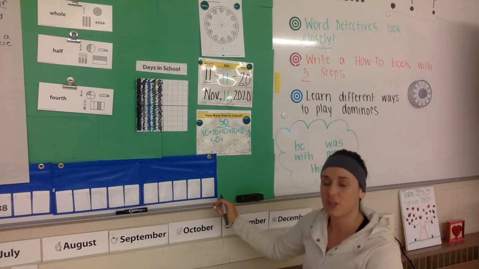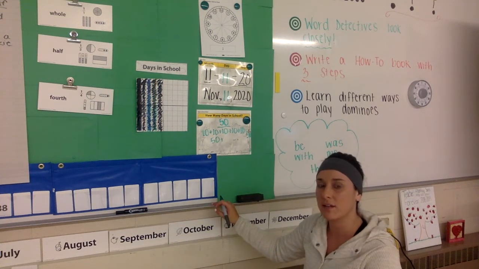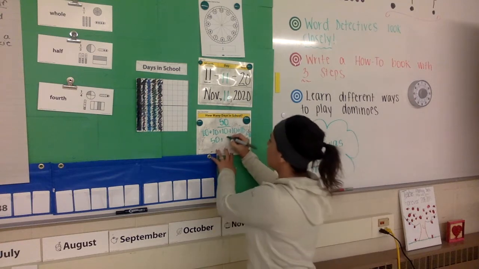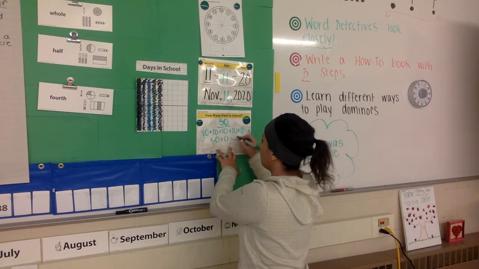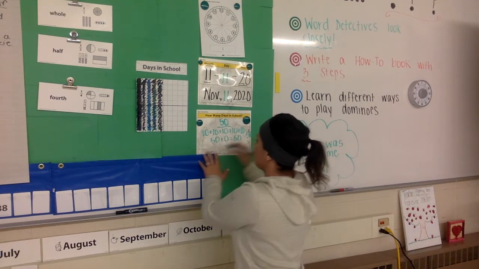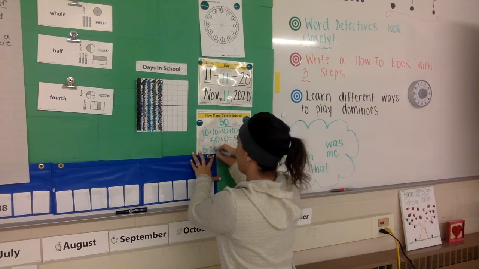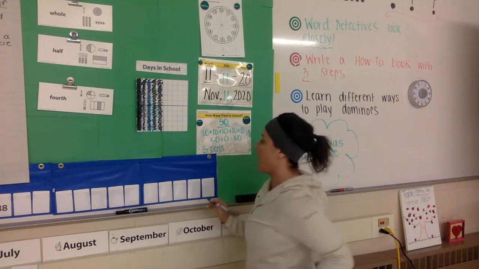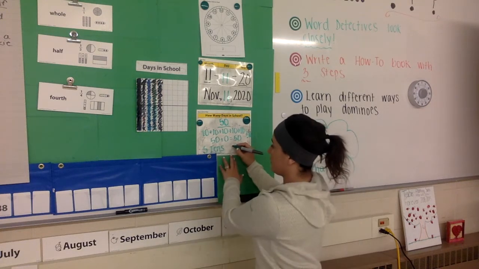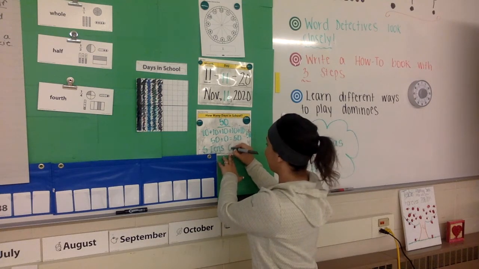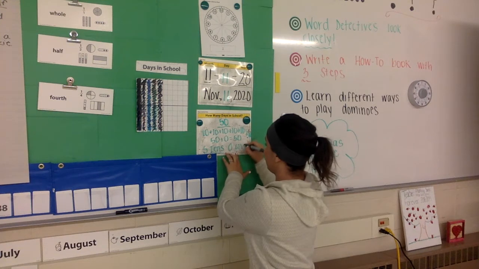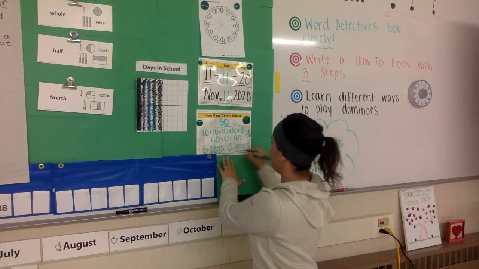Is there any extra ones in the number 50? 50 plus 0 equals 50. So we know that there's 5 tens and how many extra ones? You're right, there's 0 ones. And we can see that because there's a 0 at the end of 50.